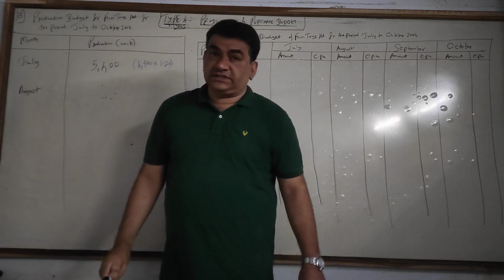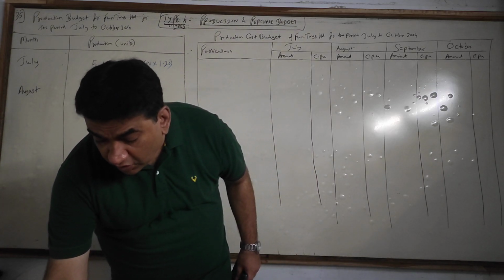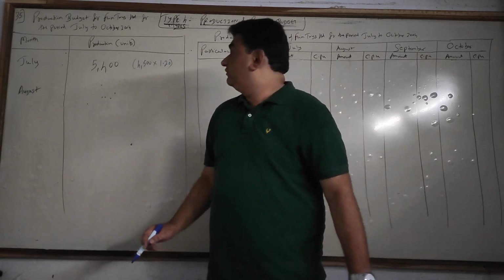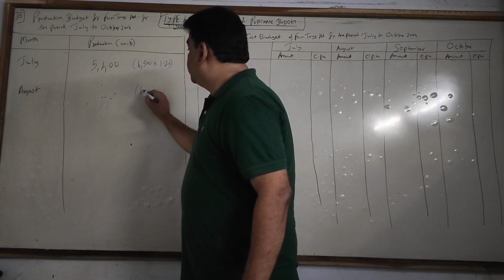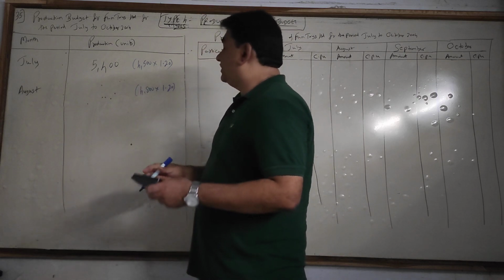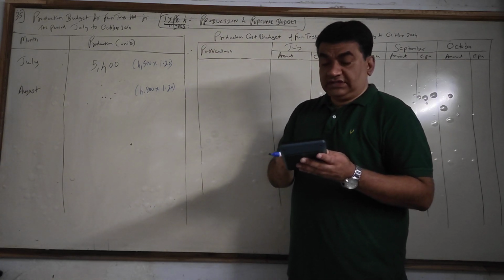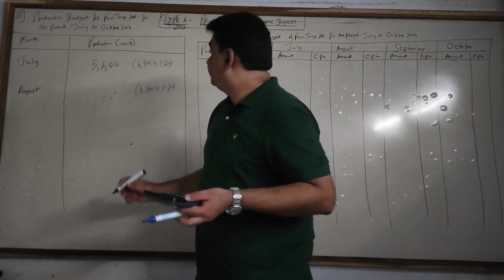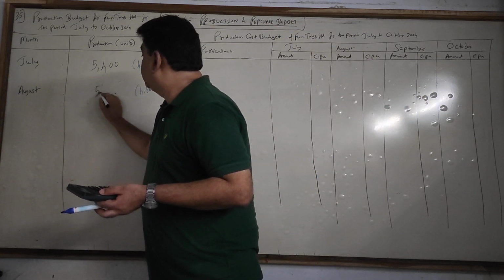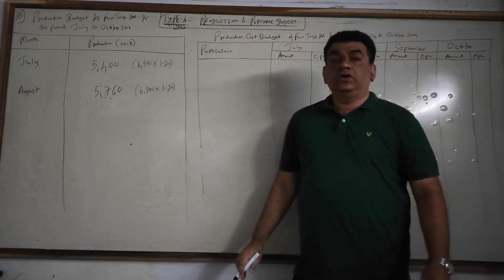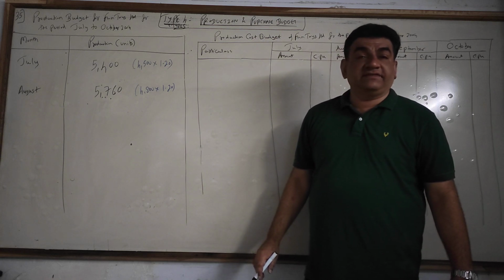After July, next is August. Now, August's next month is September. What is your September sales? 4,800. So, my August production will be 4,800 into 1.2. That gives you 5,760. August will be 5,760.